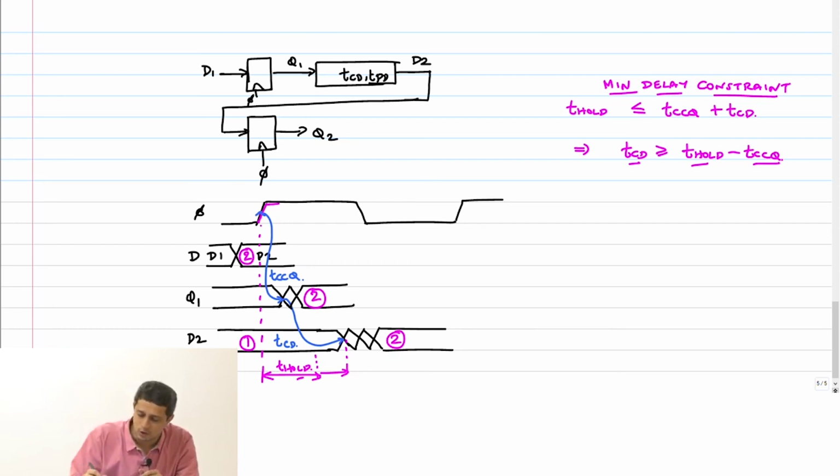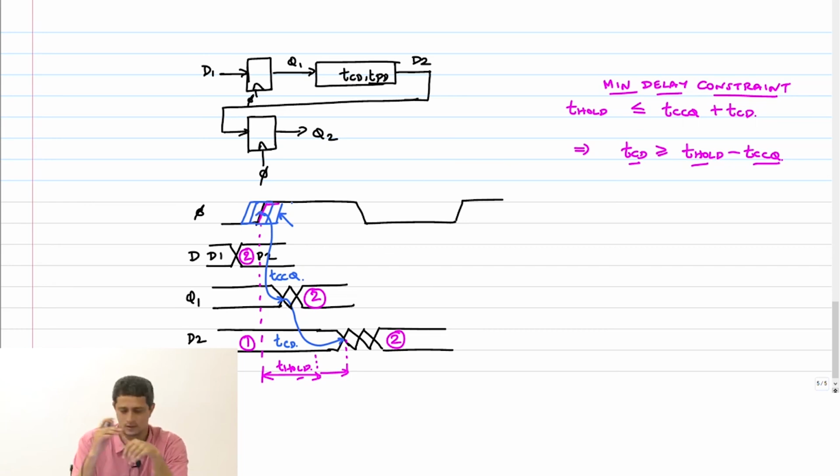Now, as usual, we have to incorporate clock skew into this. What happens if the clock edge moves around a little bit like this? First of all, which edge should I consider? Worst case consideration is the edge moving to the left or to the right? To the right, because I now need to ensure that D2 is held for long enough after this edge.